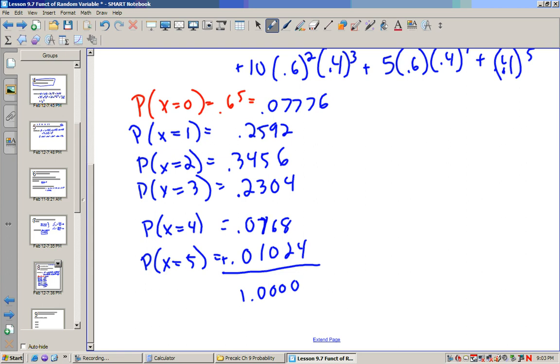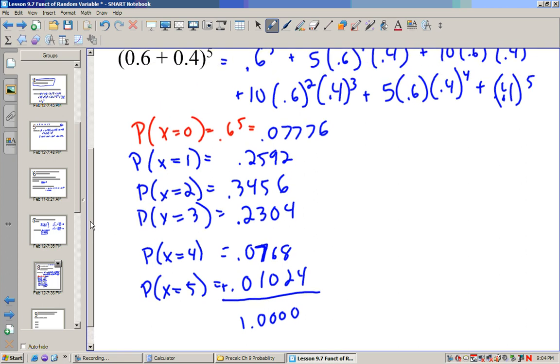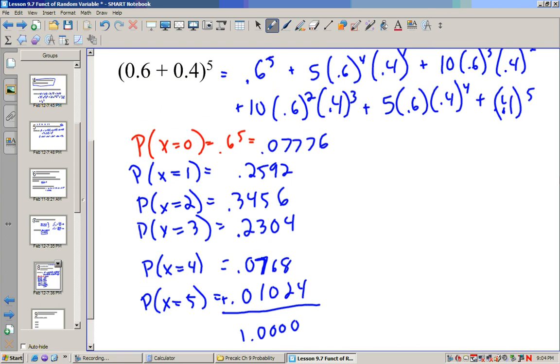As long as you notice that that's actually a 7 and not a 1. But in any situation, all the probabilities have to equal 1. And if you get something where they don't add up to 1, usually you did something wrong. And one of the biggest problems people make is they forget to put the combination in front of each of those.